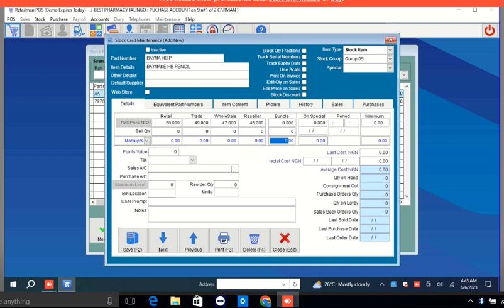Once your customer comes, select the customer's name because I created it already in the system. Once the customer comes and you begin to sell, the system will be giving that person the prices that is on the wholesale. Any product that does not have a wholesale price, the system will pick the retail price and replace it.